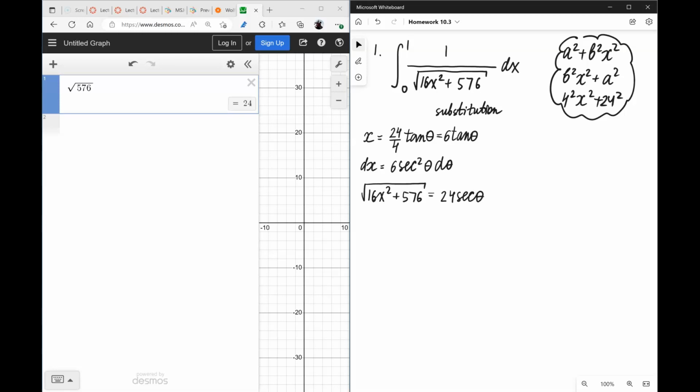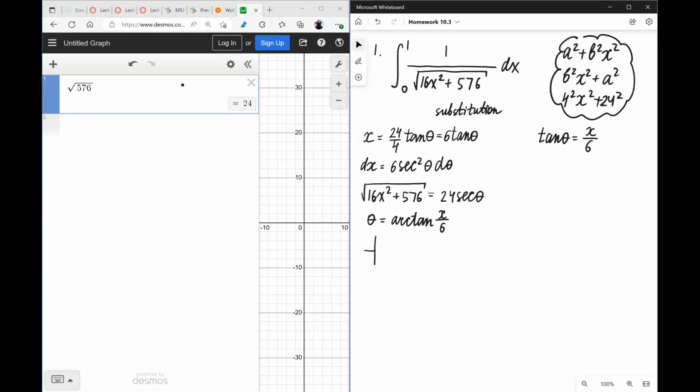Other things we have to consider: we need to consider the change of limits. Before we change the limits, we have to acknowledge two facts: tangent theta will be equal to x over 6, meaning that theta will be equal to arctangent of x over 6.